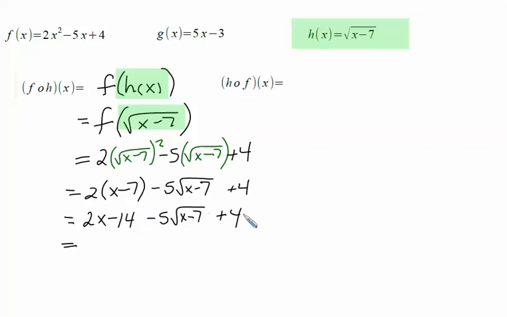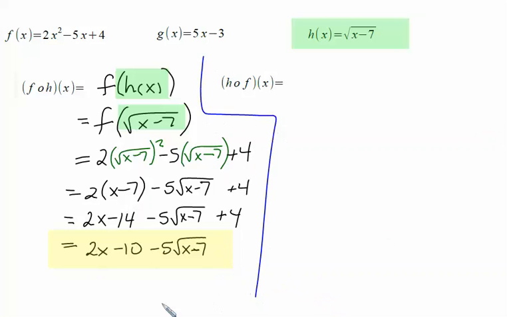We can combine the negative 14 and the 4, and I'll write this as 2x minus 10 minus 5 radical x minus 7. The exact order doesn't matter, so perhaps you wrote that as 2x minus 5 radical x minus 7 minus 10. The order doesn't matter, but we do need those items listed.